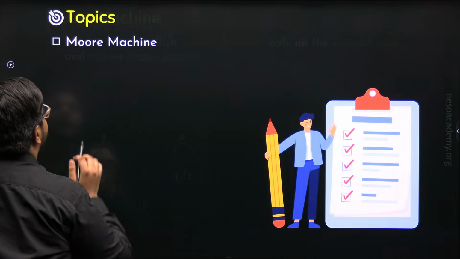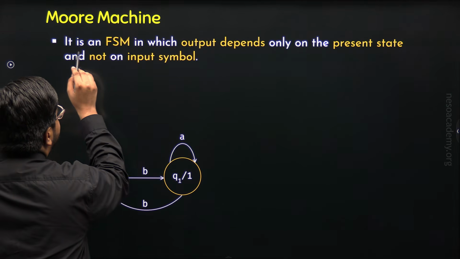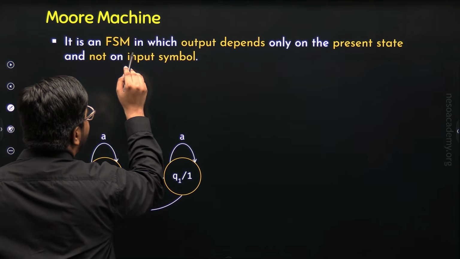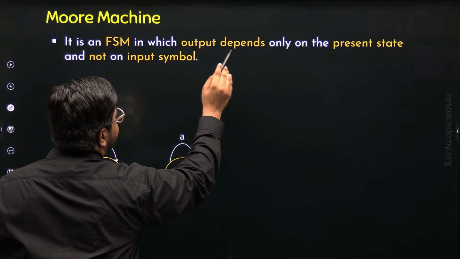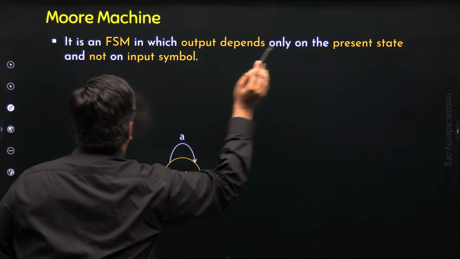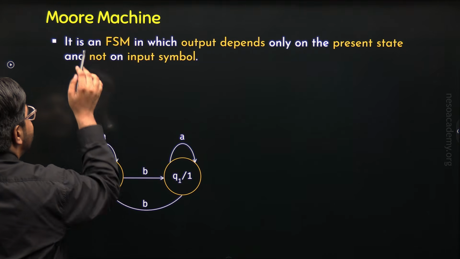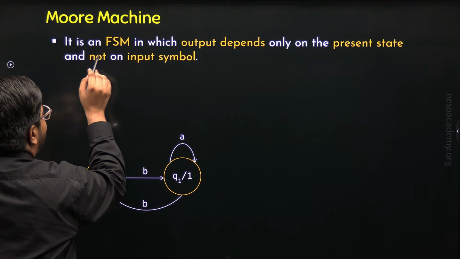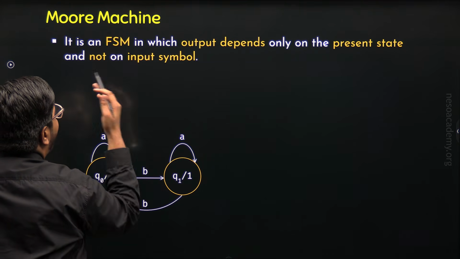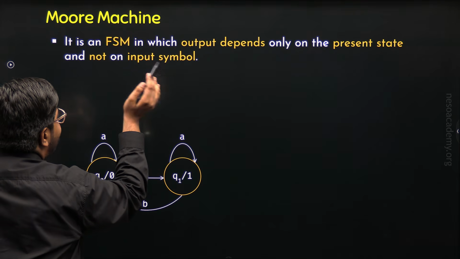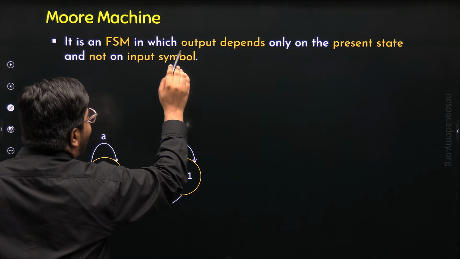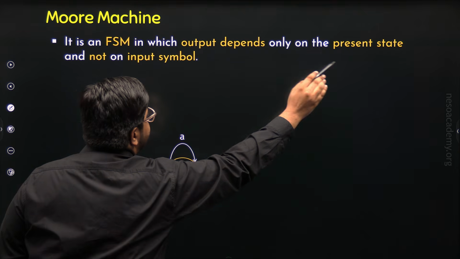Let's get started. Moore machine is a type of finite state machine in which output depends only on the present state and not on the input symbol. It means that Moore machine is a type of finite automata with output in which output only depends on the present state.